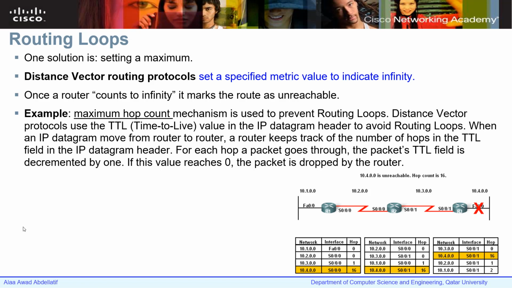And even if there are routing loops, using the TTL, time to live, in the IP header, we can avoid these routing loops by decreasing this time to live, and if we exceed the number of hops, we will drop this packet.